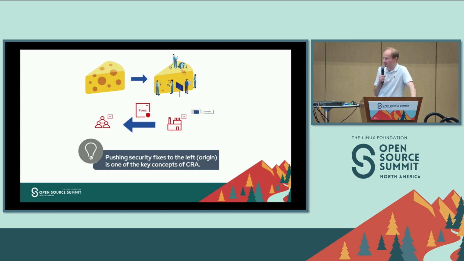Another important point of the CRA is that it would incentivize pushing security fixes to the very left. The whole regulation promotes reporting and pushing those fixes to the maintainers in the case of open source projects, as opposed to the manufacturer fixing something that they don't own, which is absolutely a good thing.